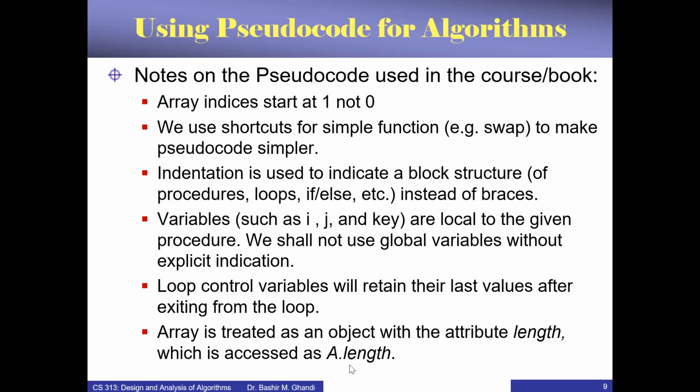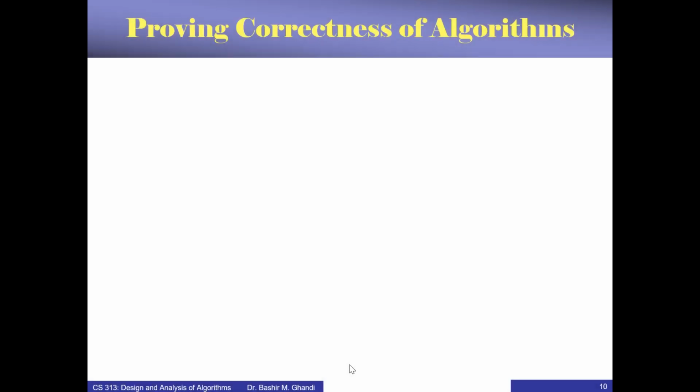They are going to be treated as objects and they have attributes. Okay, right, so that is about the pseudocode. When we write algorithms, we are expected to write them in this format, not using Java code, but using pseudocode as we saw in that example.